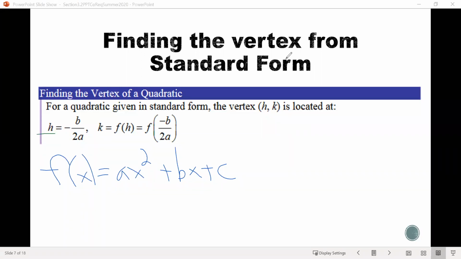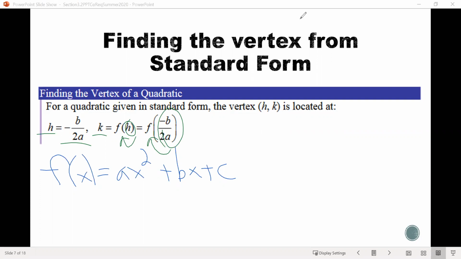First of all, for the value of h, we do negative b divided by 2a. And then once we have that, to find k, we take the value for h and plug it into our function f to find the value for k. And then we would have the coordinates of our vertex.